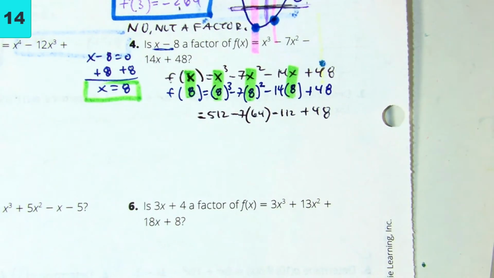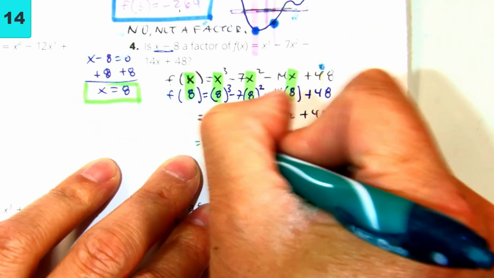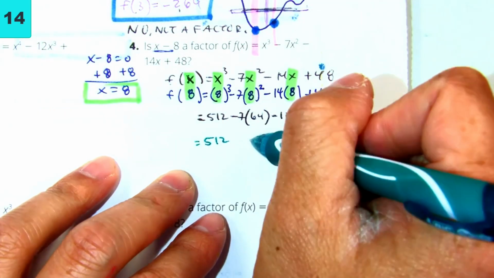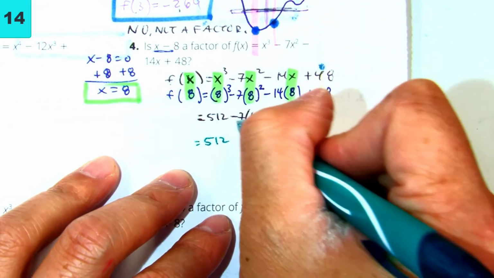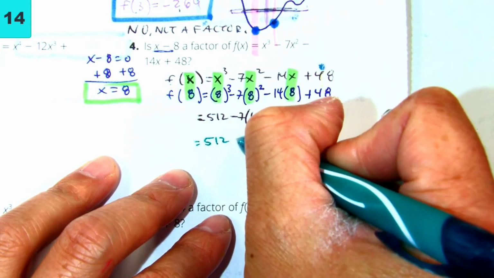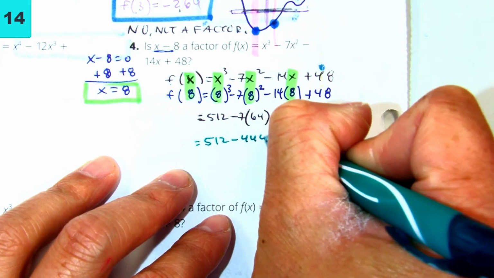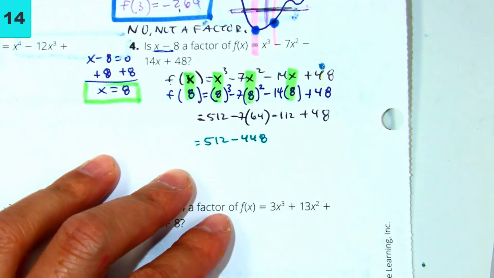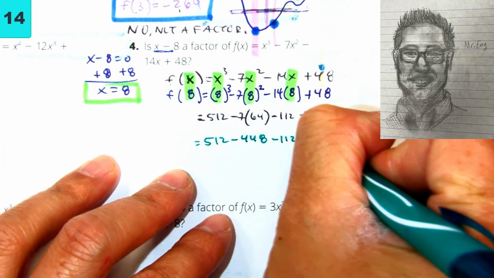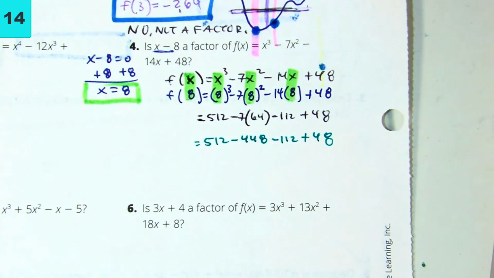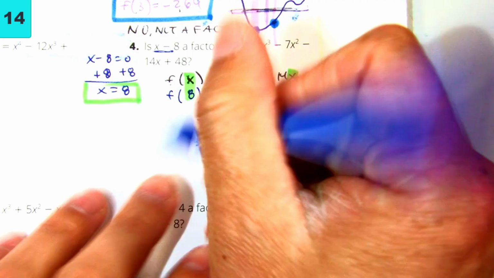JP? Negative 7 times 64? 448. Negative 448? And then when you add all of those numbers together, Chris, what do you get? 0.